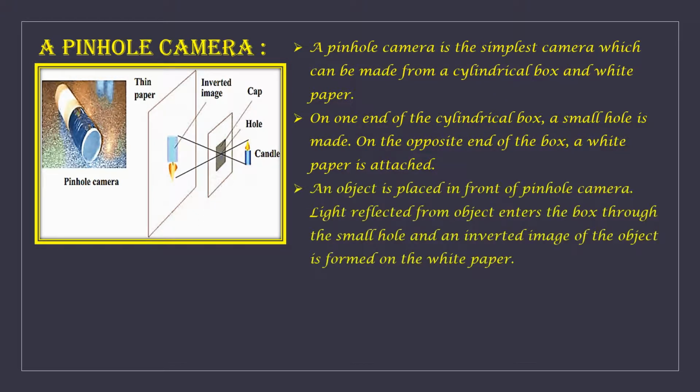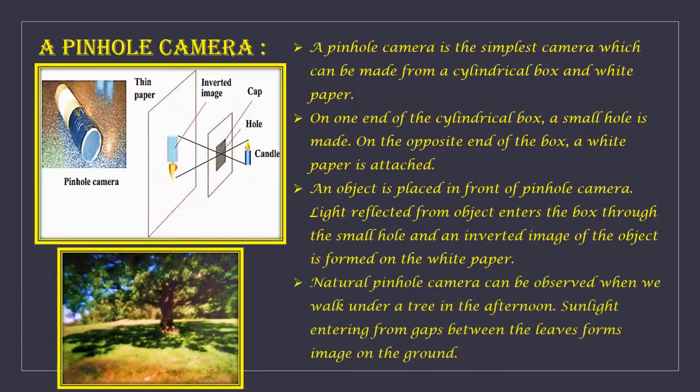An object is placed in front of pinhole camera, and light reflected from object enters the box through the small hole, and an inverted image of the object is formed on the white paper. A natural pinhole camera can be observed when we walk under a tree in the afternoon. Sunlight entering from gaps between the leaves forms image on the ground.